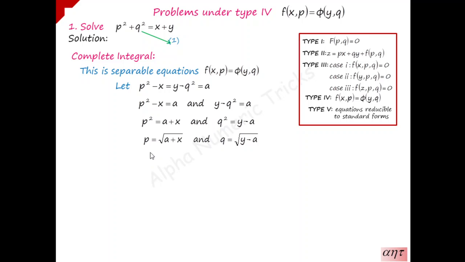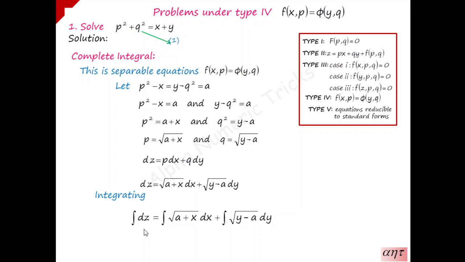Now these values of p and q are substituted in the equation dz is equal to p dx plus q dy. So dz is equal to root of a plus x dx plus root of y minus a dy. Now we have to integrate this equation, so we have integral dz is equal to integral of root of a plus x dx plus integral of root of y minus a dy.